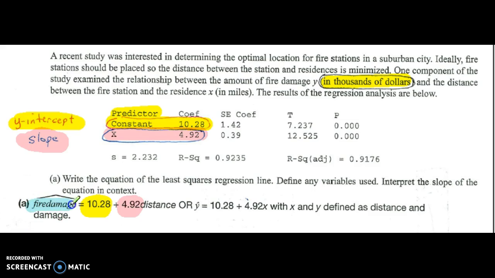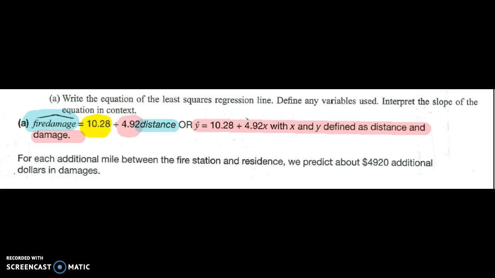I can do this problem in two ways. If I write my prediction equation as fire damage hat and I put distance, that would be in context. If I use just y hat and x, then I have to explain what x and y equal. The second part of the problem said interpret the slope in context.